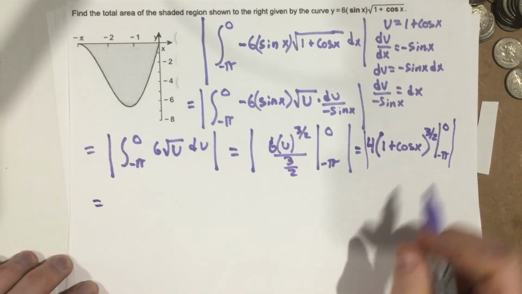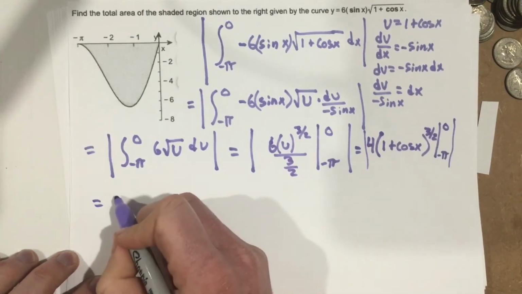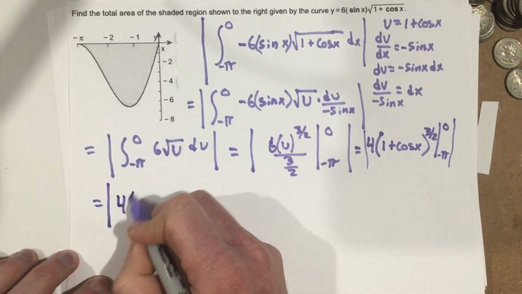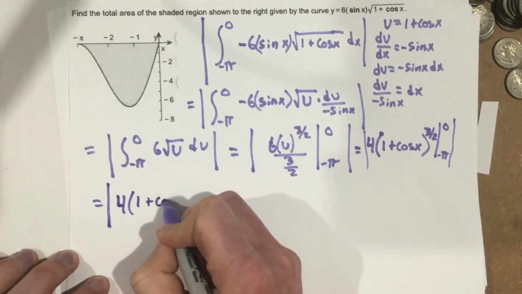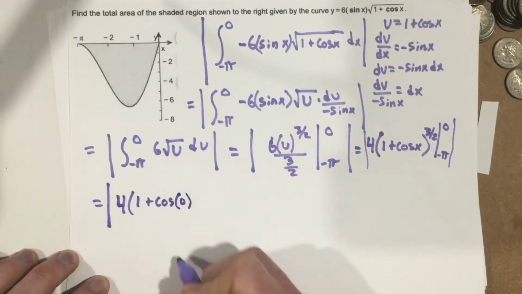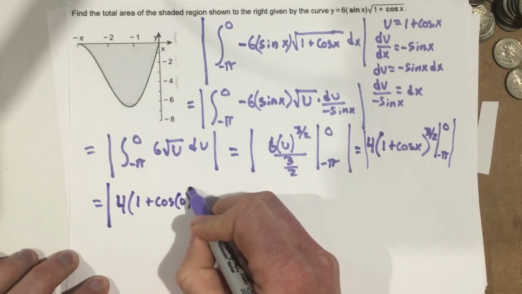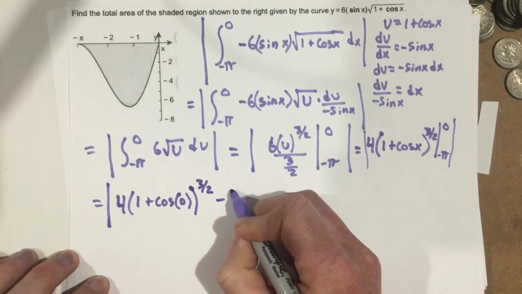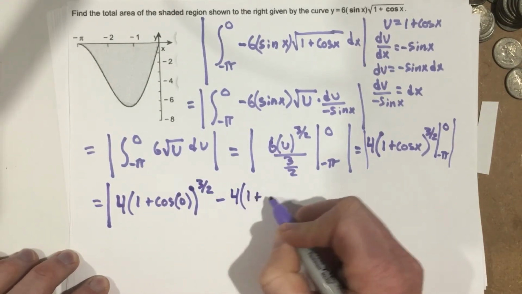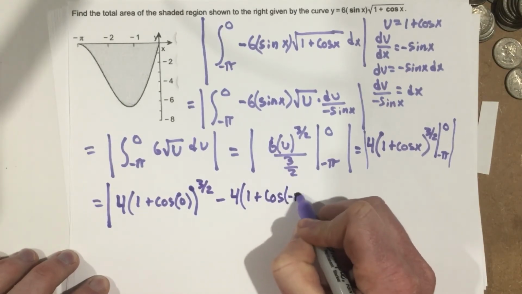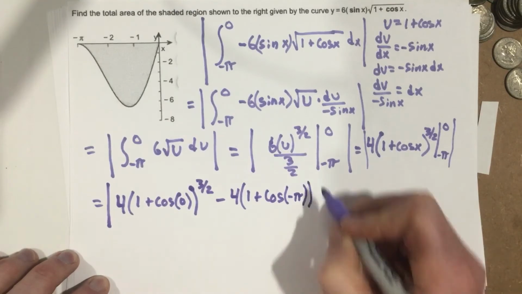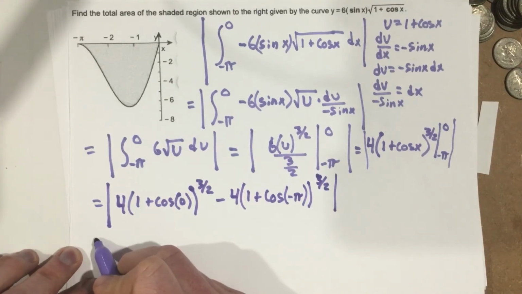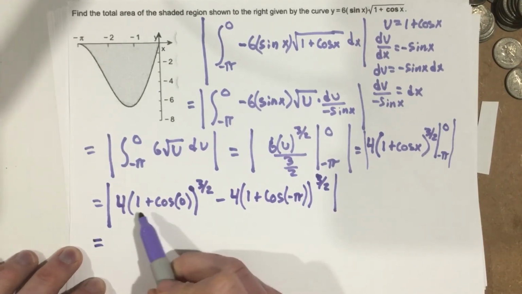That's going to equal, when I plug in the 0, absolute value of 4 times 1 plus cosine of 0 to the 3 halves power, minus 4 times 1 plus cosine negative pi to the 3 halves. Well, 1 plus cosine 0.